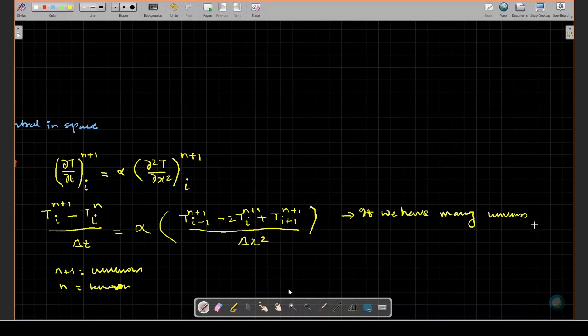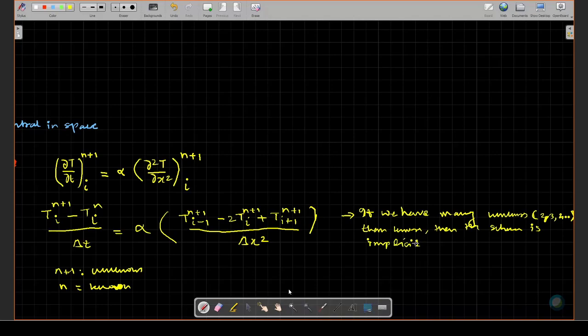There can be 2, 3, 4, or any number. If many unknowns than knowns, then the scheme is called as implicit.